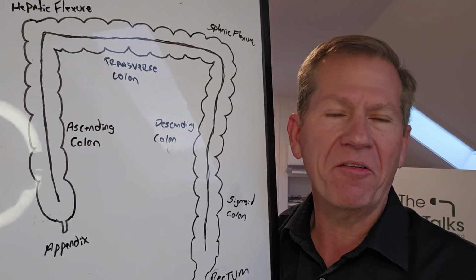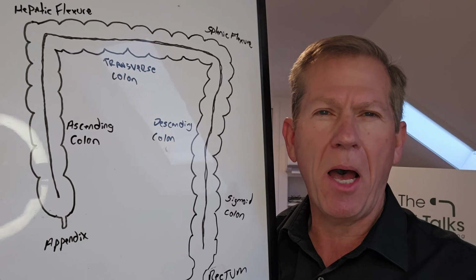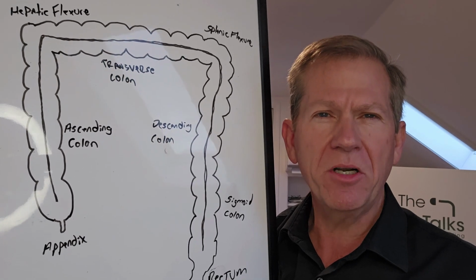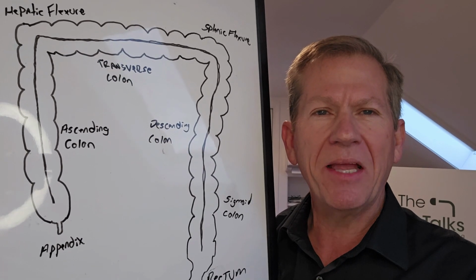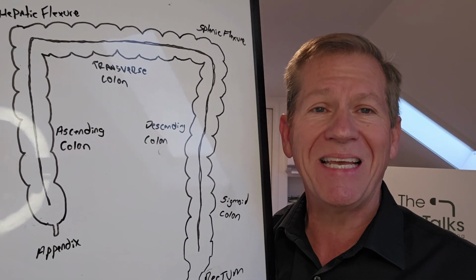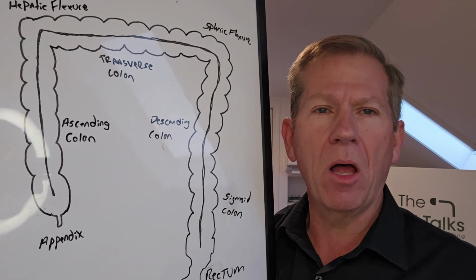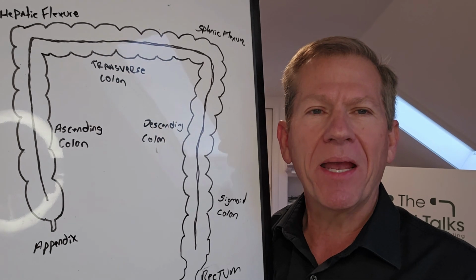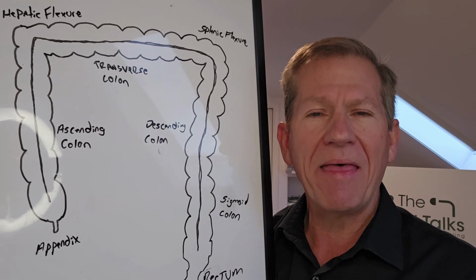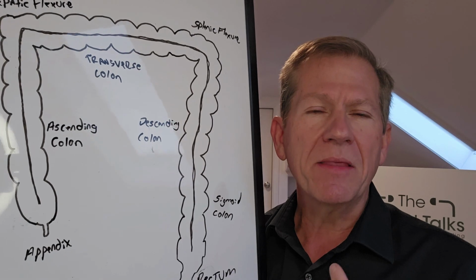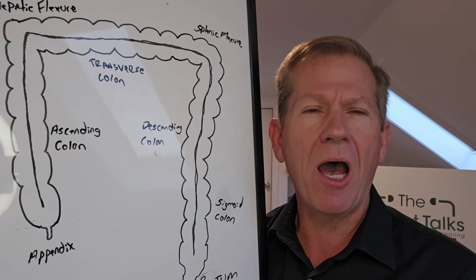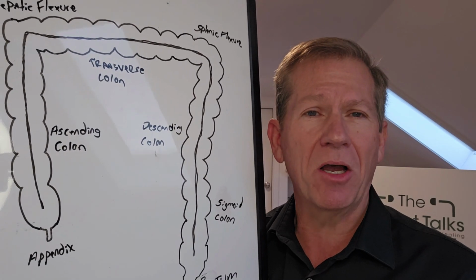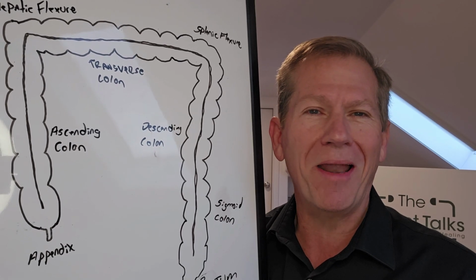That's called the hepatic flexure. Comes across kind of the top part of your abdomen, makes another turn over by your spleen, and then starts coming down what we call the descending colon. Towards the lower end of the descending colon, it becomes the sigmoid colon and then finally becomes the rectum. The sigmoid colon is where you most commonly find diverticulosis, and we'll kind of cover what those are next.